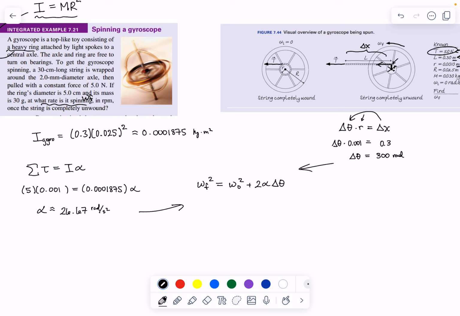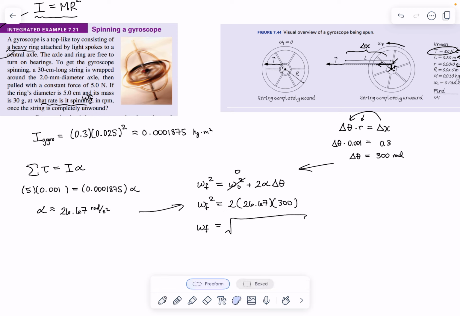Omega final is what we want to find, right? So omega final squared. Omega initial is 0, right? The gyroscope is at rest initially. And then we have 2 times alpha times delta theta. That would be 300. And of course, we want to take the square root of that.